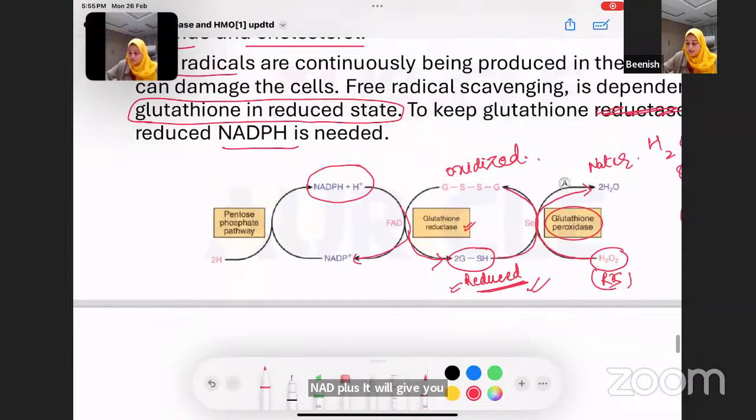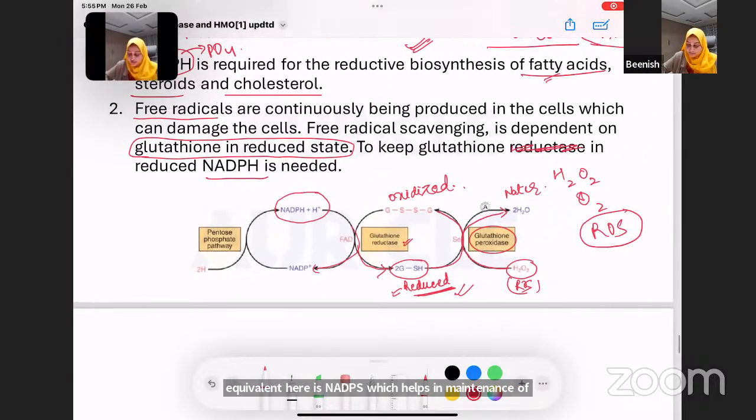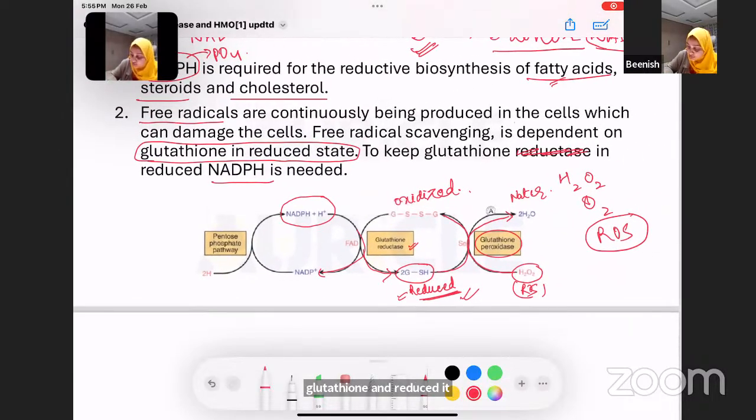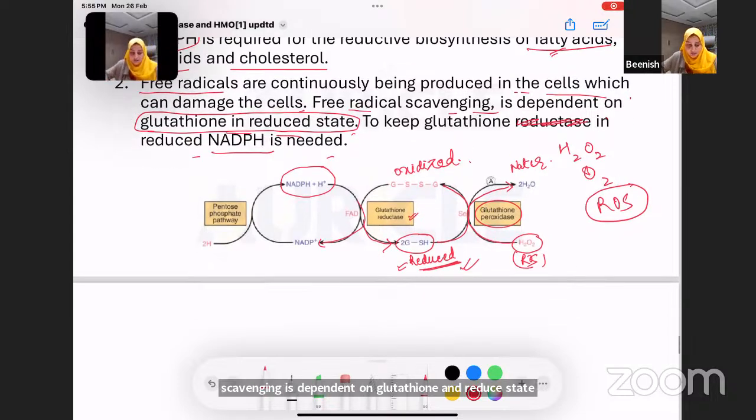So your reducing equivalent here is NADPH, which helps in maintenance of glutathione in reduced state. So free radicals are continuously being produced in the cells, which can damage the cell. Free radical scavenging is dependent upon glutathione in reduced state. To keep the glutathione in reduced state, NADPH is needed.